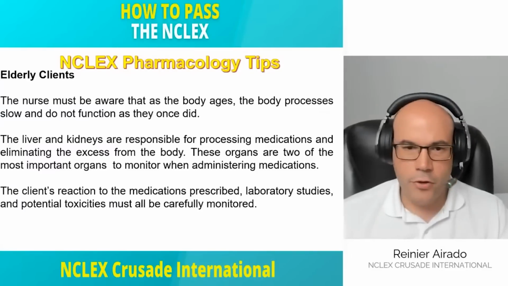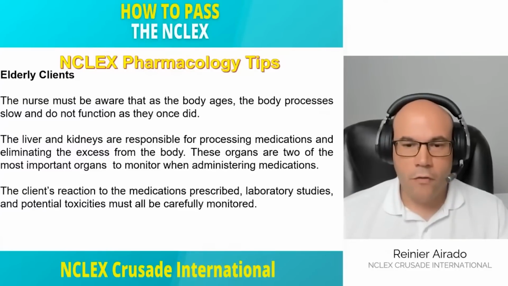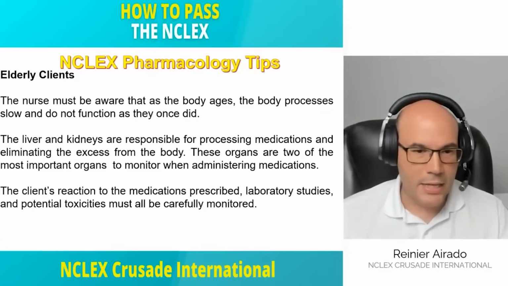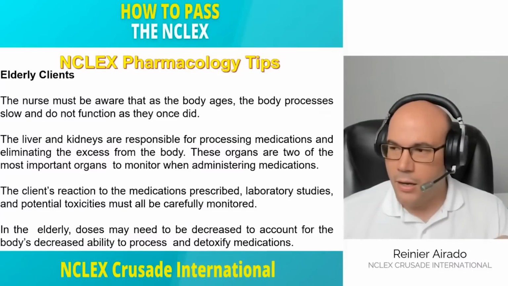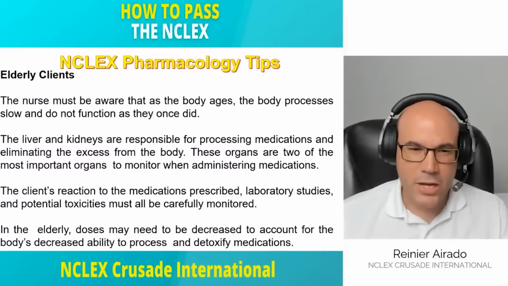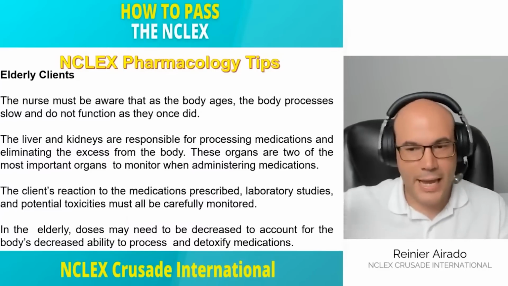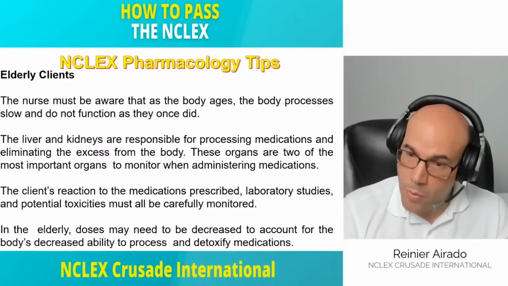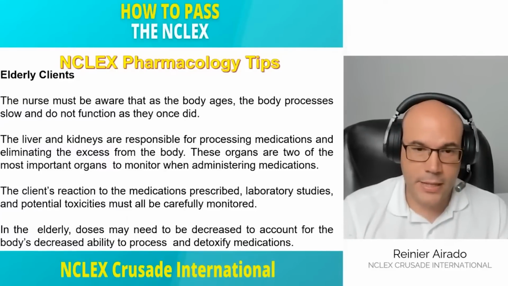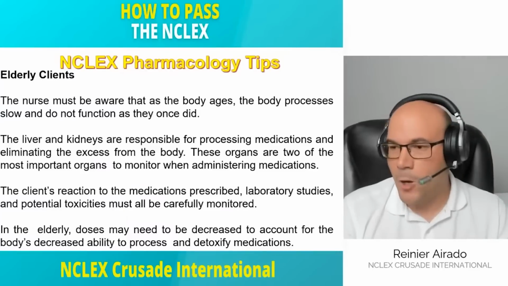For example, if we're giving the patient certain diuretics, we have to monitor for electrolyte imbalance and so on. The elderly patient is a client that you need to be very, very careful with. The extremes, elderly or pediatric patients, specifically the newborns and the infants. The infants are very important. A lot of questions about infants, okay?